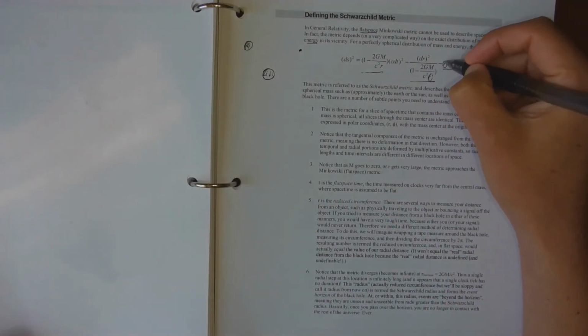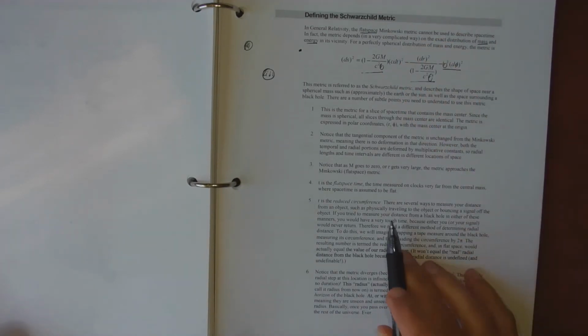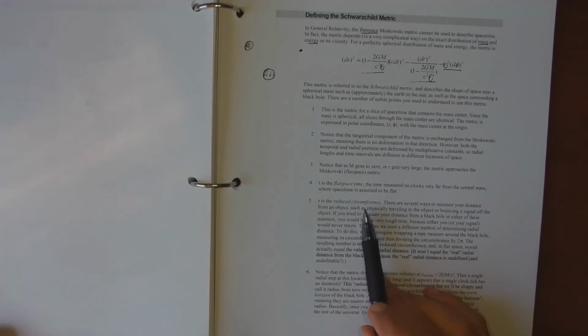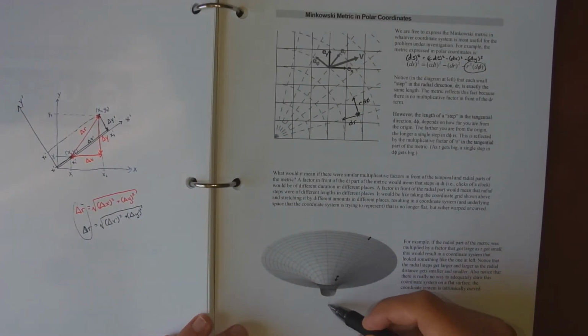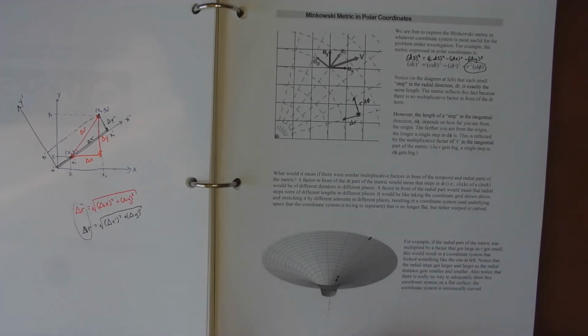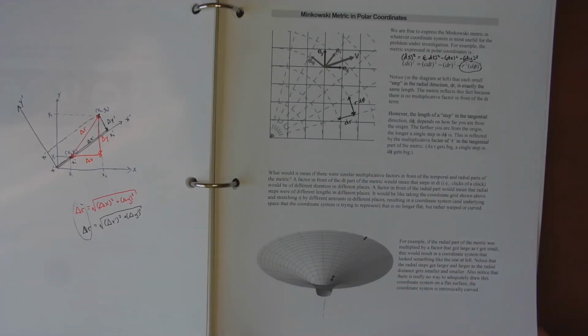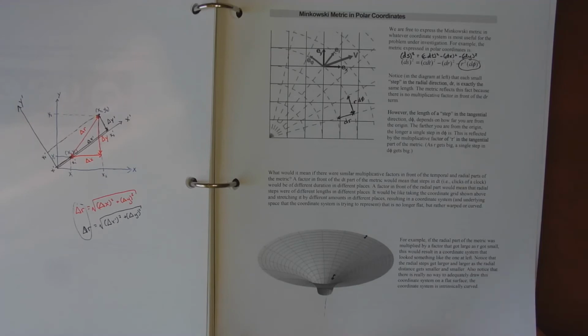The r that we have here and here and here, that is the reduced circumference. It's called the reduced circumference, but it's actually more like a radius. If you try and measure the real radius, see how this just keeps going down and down? So the closer you get to the origin, the larger each step in the radial direction becomes.